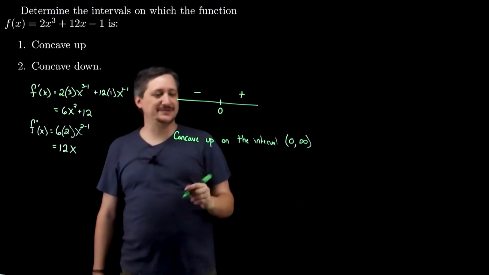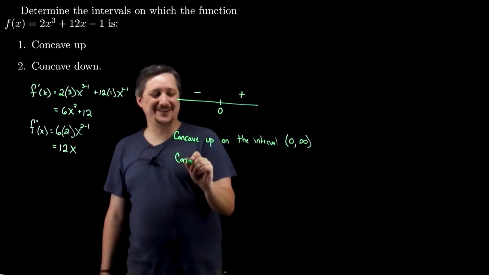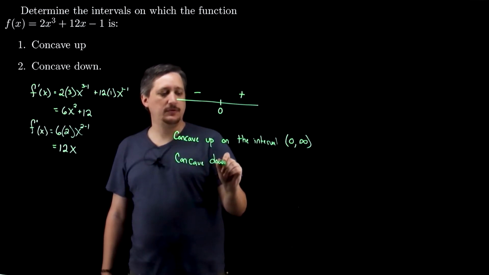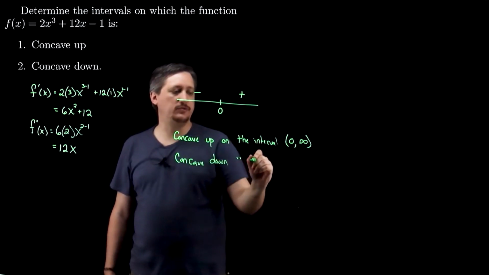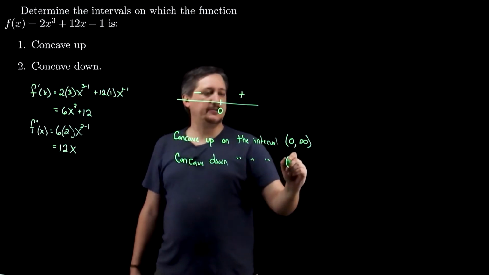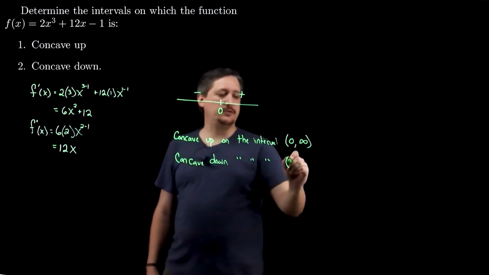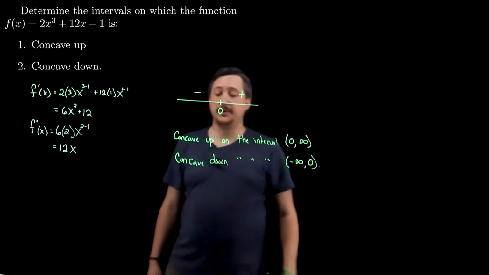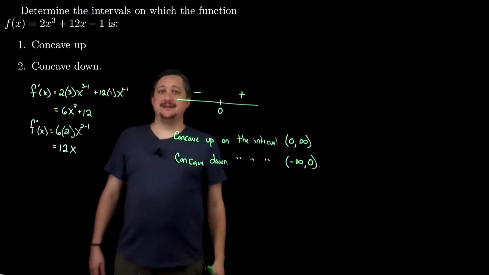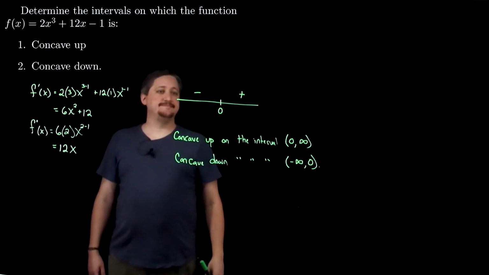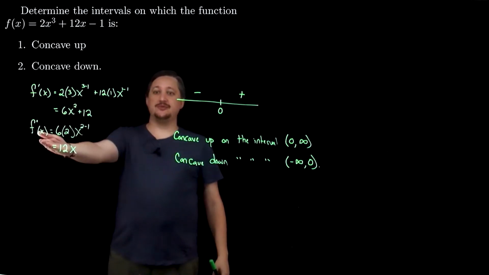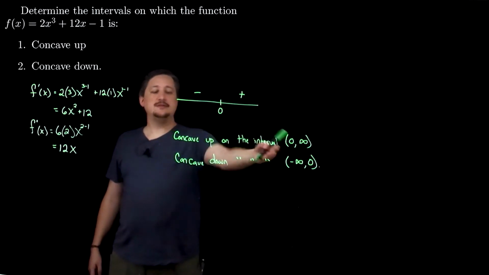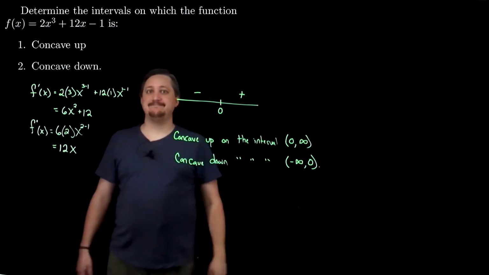And concave down on the interval, and here it's going to be to the left of 0, so negative infinity to 0. All right. And that's that. That's really all there is to it. So we find the second derivative, use that to find where it's positive or negative, and then record the result. That's that.